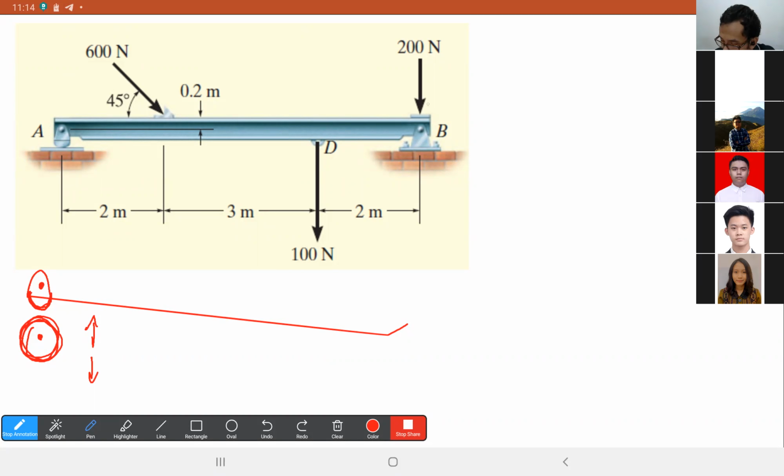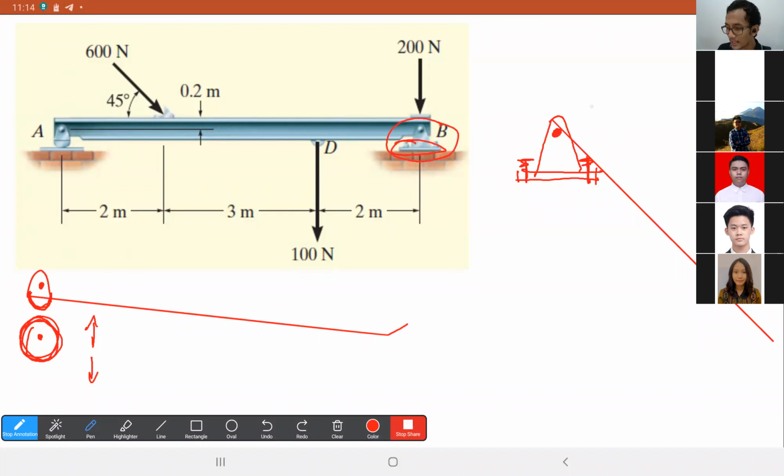But now let's take a look at this kind of joint. We call this a pin joint because we fix it here, against point B like that.